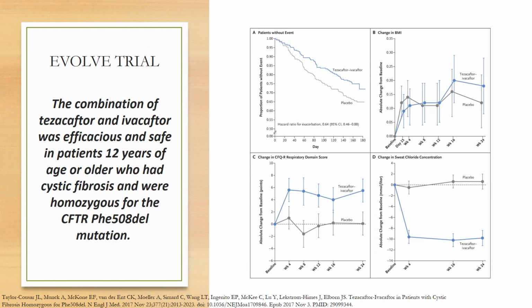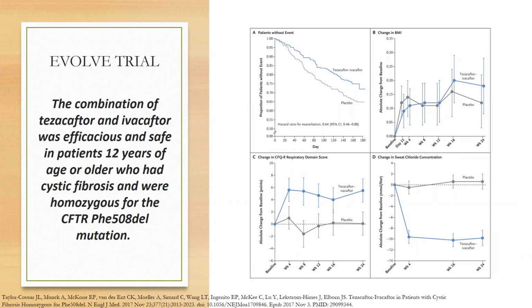BMI is a huge predictor of mortality in this disease, and that's also because of the malabsorption and the pancreatic insufficiency that these patients have. You can see here that there were improvements in BMI with the dual therapy, and a decrease in the amount of sweat chloride. I didn't put it in this, but there were decreased exacerbations and improvements in the FEV1.